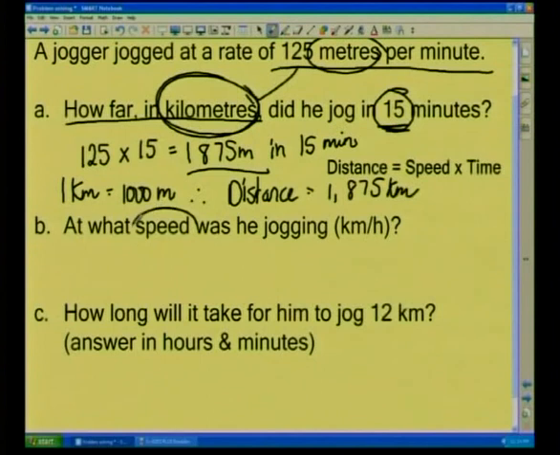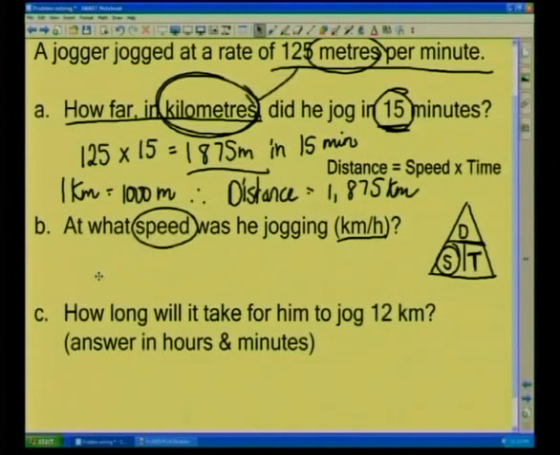What speed was he jogging at in kilometers per hour? I'm going to change the information that they've given me to be distance is speed times time. I'm looking for speed, so therefore I'm going to have distance over time.